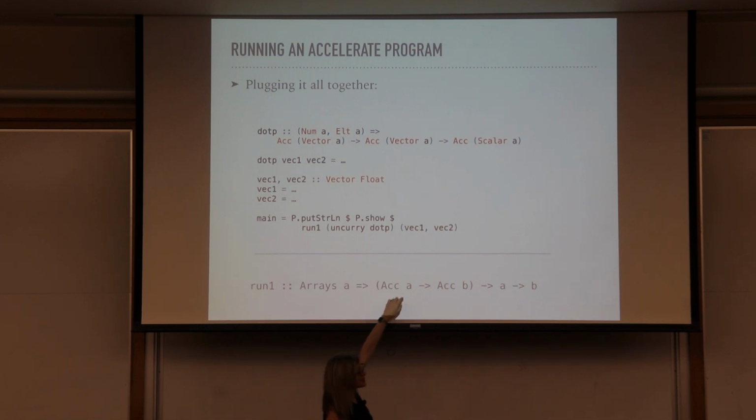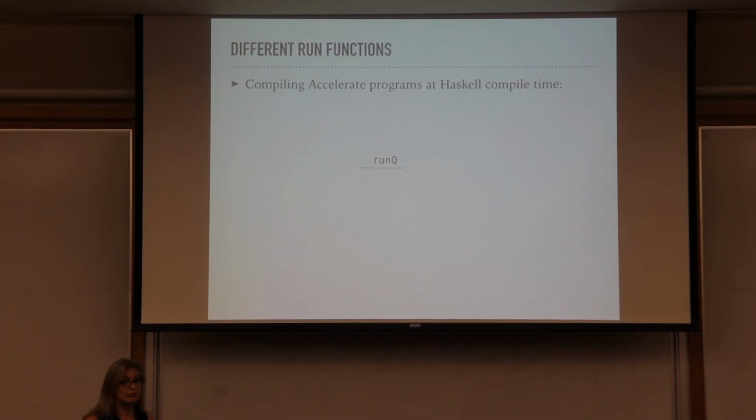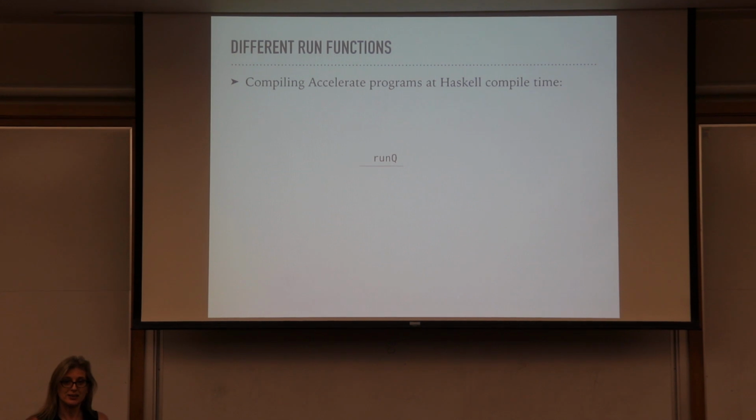It takes a function from Acc A to Acc B, compiles this function, and then takes an argument A and feeds it in. You then can compile the Accelerate program at Haskell program compile time, and it doesn't count towards the runtime cost of your program. And runQ does that.